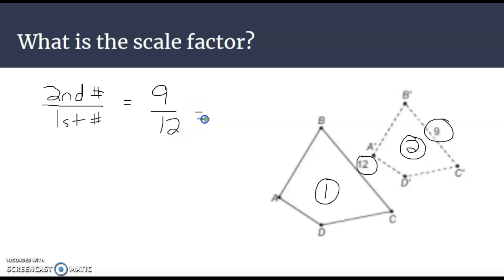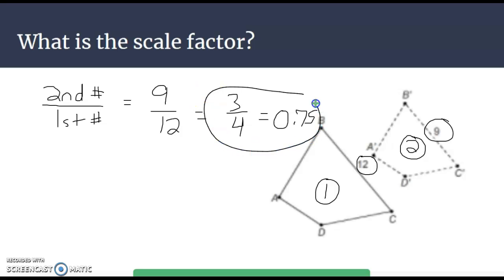That certainly can reduce to 3/4. And if we wanted to write that as a decimal, 0.75. Scale factor is 0.75 or 3/4. The first quadrilateral reduces to 3/4 of its original size.